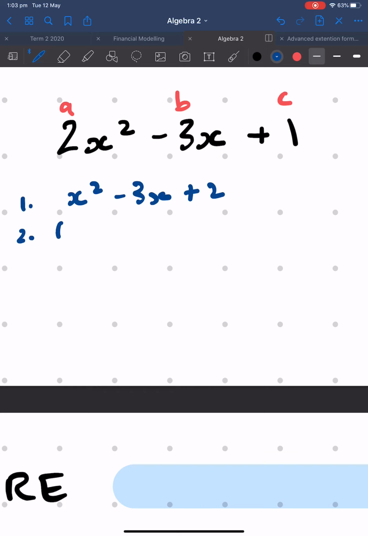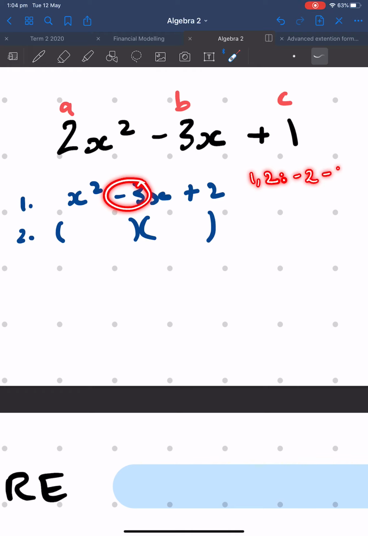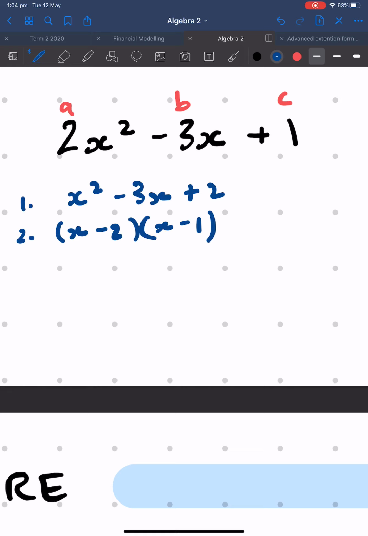Now we can factorize it. You go, what numbers are going to multiply to 2? So factors of 2. It's literally only 1 and 2. They're your only options. And then you got to think, well, how can I use 1 and 2 to make negative 3, which is this part? So it must be negative 2 minus 1 is going to get you negative 3. So my factorization is negative 2 minus 1.